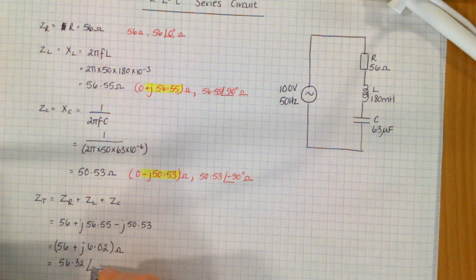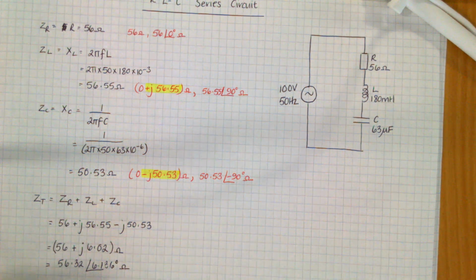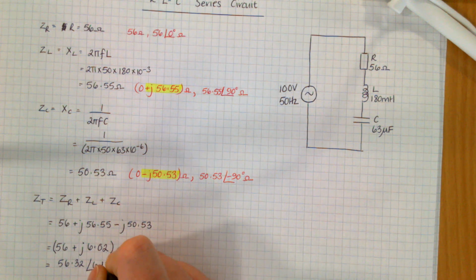That gets you 56.32 at an angle of 6.136 degrees. And that would be your Z total. My pen's a wee bit out there.